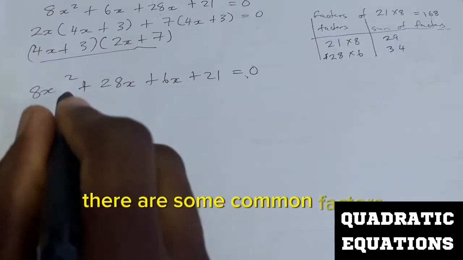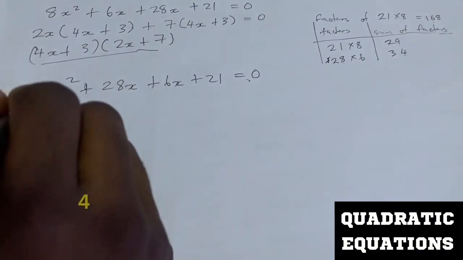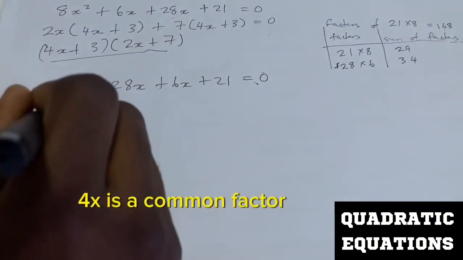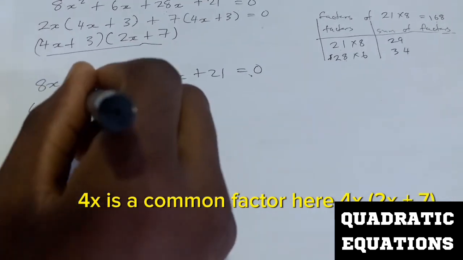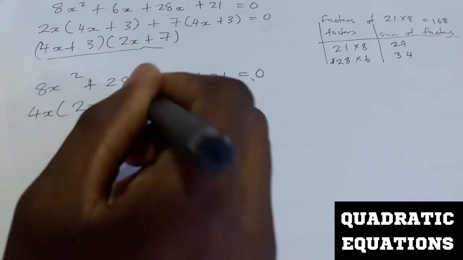There are some common factors here, right? 4x is a common factor here. 4x bracket 2x plus 7.